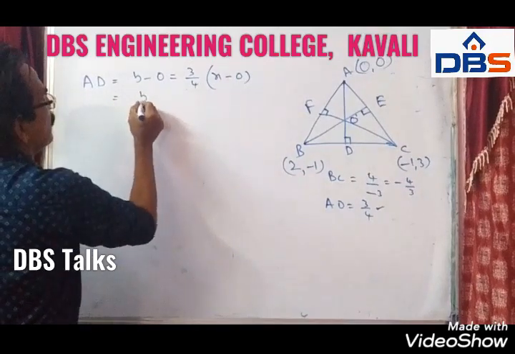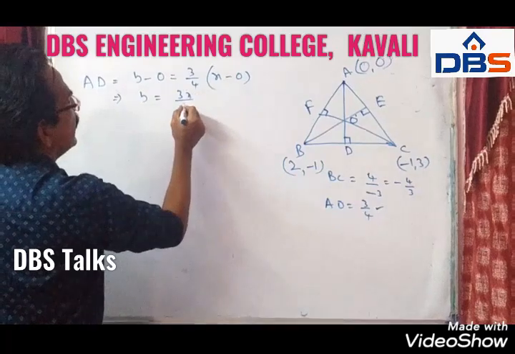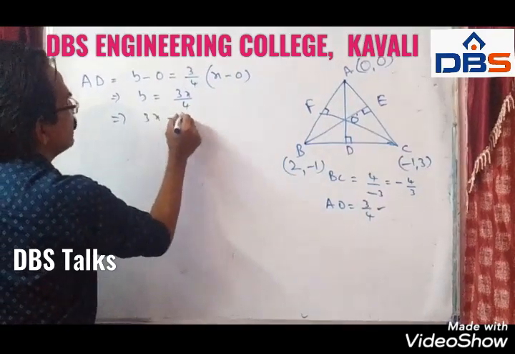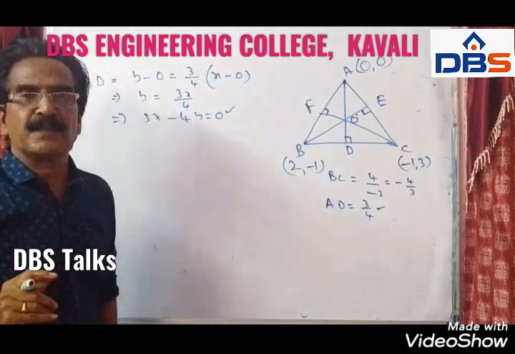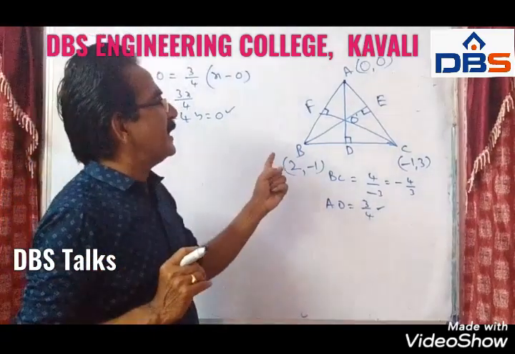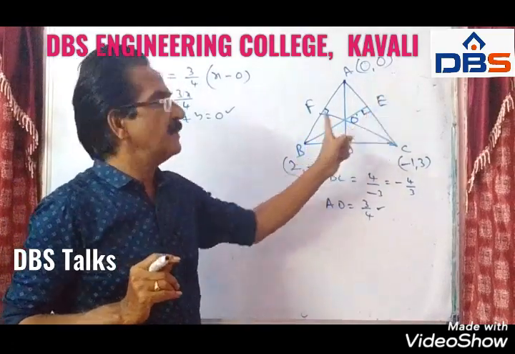That implies y is equal to 3x by 4. It implies 3x minus 4y is equal to 0. This is the equation of AD. And similarly, let us find the equation of BE.